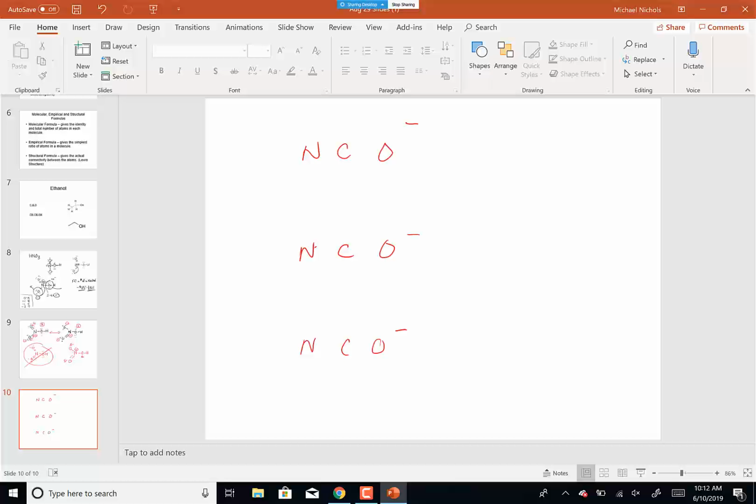The idea here is that if we all have one, we'll get all three of them. You know how here we took the electron and we kind of moved it? You can use that approach to make another one. They all should be able to be converted back and forth.